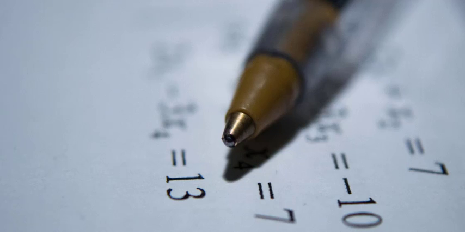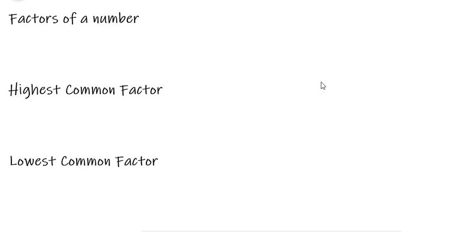So a question is asked, what is a factor? In its simple terms, a factor is a number that divides into another number without leaving any remainder. For example, if we have 100, the numbers that divide into 100 without leaving any remainder are called factors of 100.